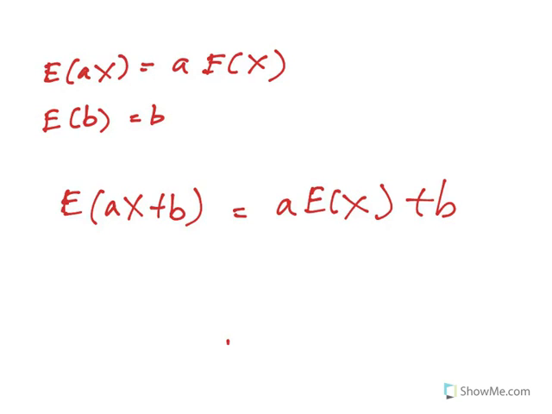Next. Example 9. This one is the definition of variance. It is the expectation of the squared deviation of a random variable from its mean.